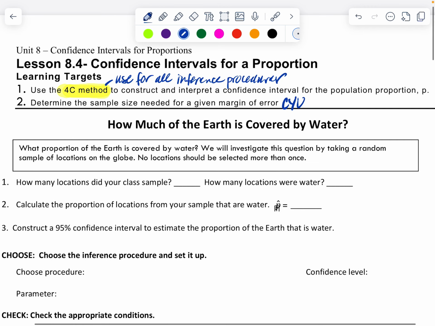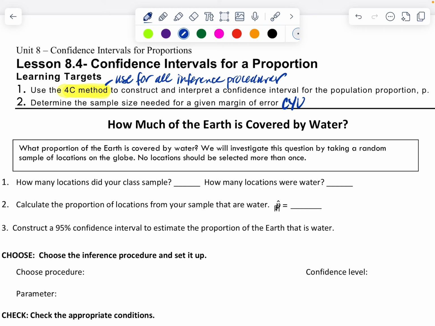All right, so we're going back to our data that we collected at the end of class on Friday. And the question is, what proportion of the earth is covered by water? We're going to investigate this question by taking a random sample of locations on the globe, which we did, and no location should be selected more than once. So we're assuming that nobody's finger landed on the same location twice.